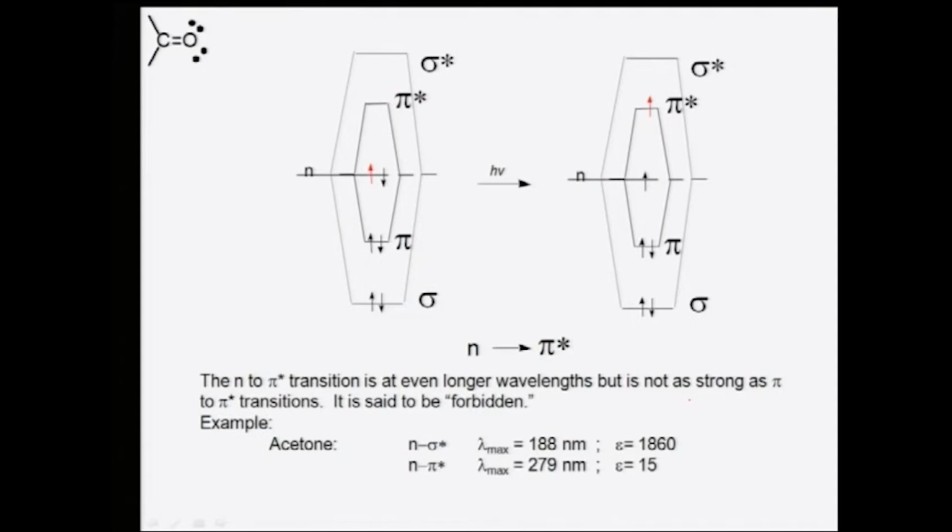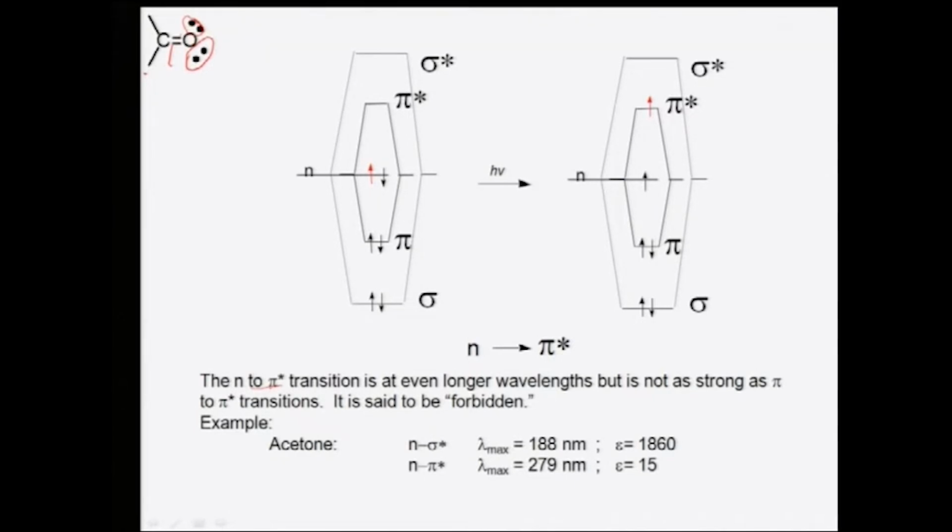Similarly, in a ketone, these are the non-bonding electrons which I told you, and there is a double bond and there is a pi and then other electrons. So, you can have different kinds of transitions like n to pi star, pi to pi star, sigma to sigma star by putting in energy. And the n to pi star transition is at longer wavelengths, but not as strong as pi to pi star.